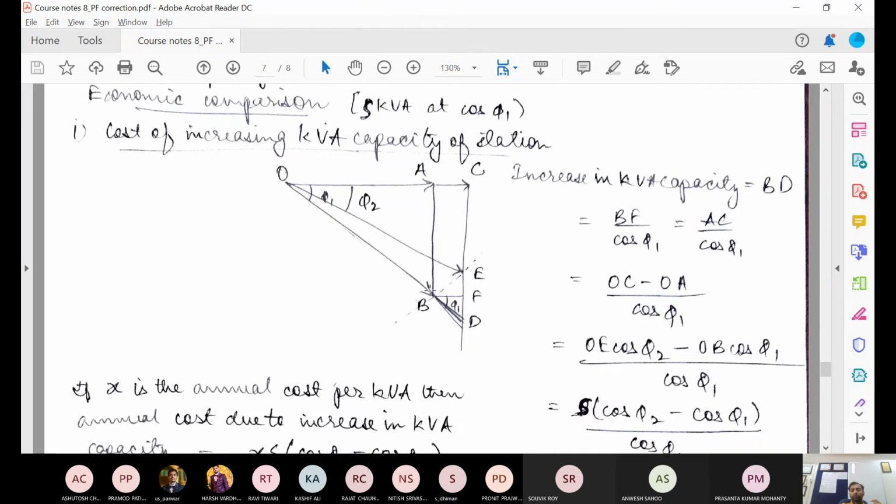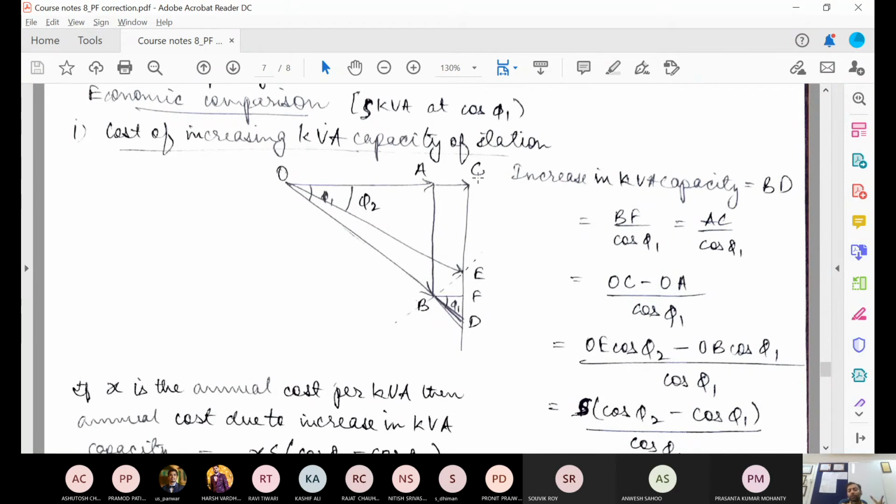If you shift this vector from OB to OE along this arc, that is the option where you have the same kVA capacity but improved power factor. With that you can supply the demand OC. AC is the increment in the real power demand. Initially the real power demand was OA, and now it has increased to OC.